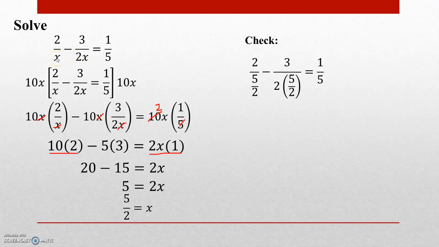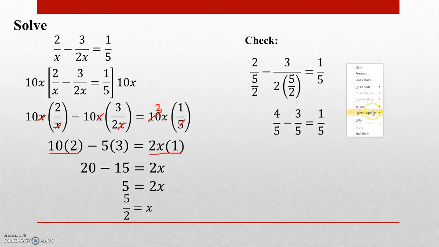Palitan yung x ng 5 over 2. Kaya naging 5 over 2 ito, tsaka ito. So, we multiply 2 tsaka 2 dito. 2 times 2 equals 4. We copy 5. Minus, ito naman, pwedeng mawala itong 2 dito kasi parehas sila.